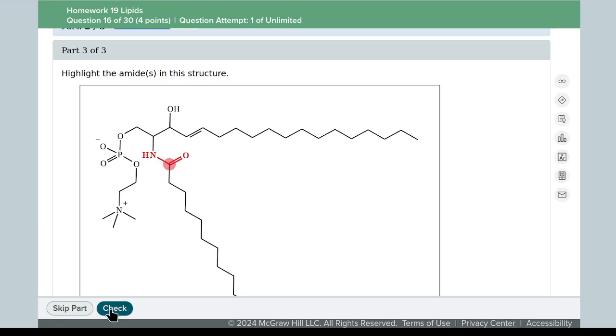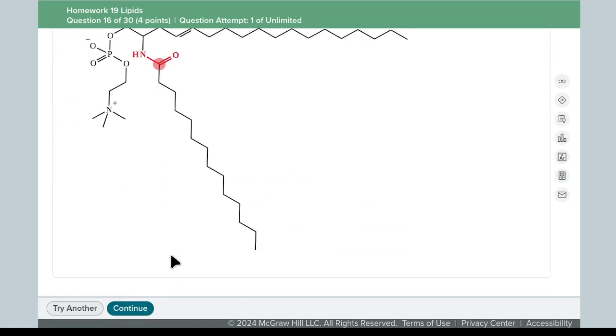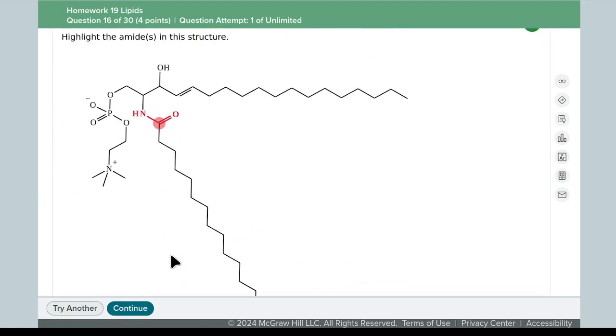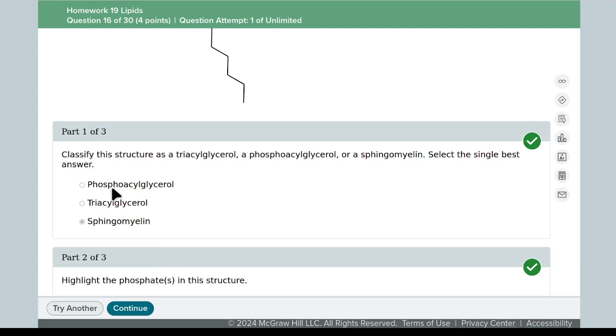So check part 3. And any of the other problems where you're shown a phosphoacylglycerol or a triacylglycerol will have similar parts where afterwards you have to identify the functional groups within that molecule.